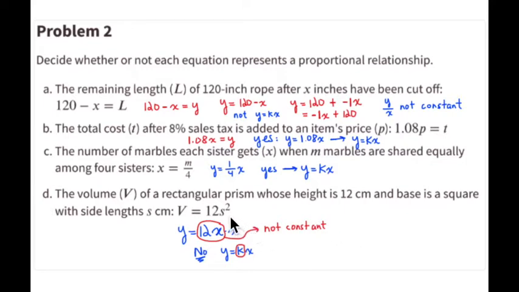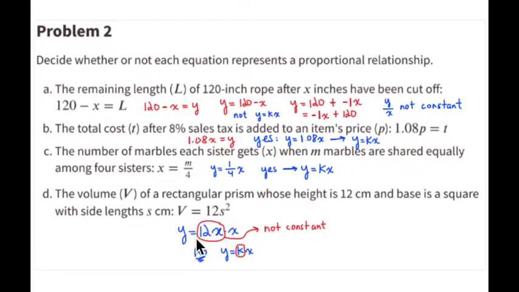No matter what the area is, it's always going to have a height of 12 centimeters. You might think that that's a proportional relationship because that 12 centimeters height is constant. That does not change. But the area does change. The area is not a constant amount, and it's not in a proportional relationship with the volume.